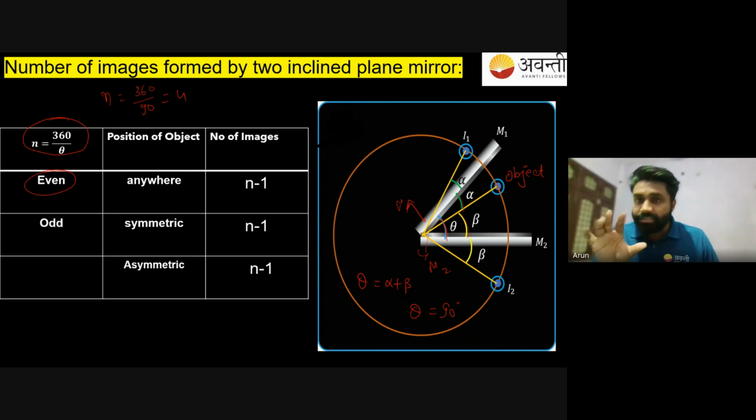That is why I have mentioned these angles alpha and beta. If this number n is even, wherever my object is placed, the number of images I will get is n minus 1, which is 4 minus 1, so 3 images. But if it is odd, then it will depend on the symmetry of the object.